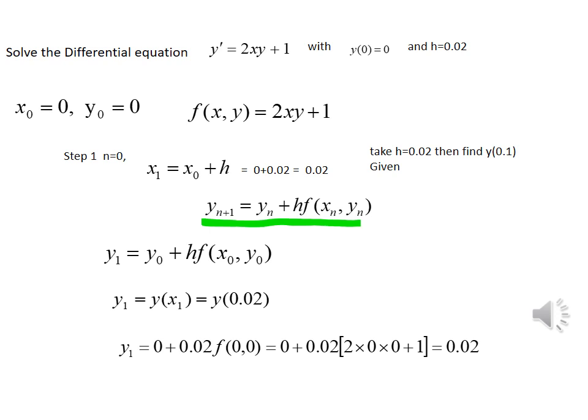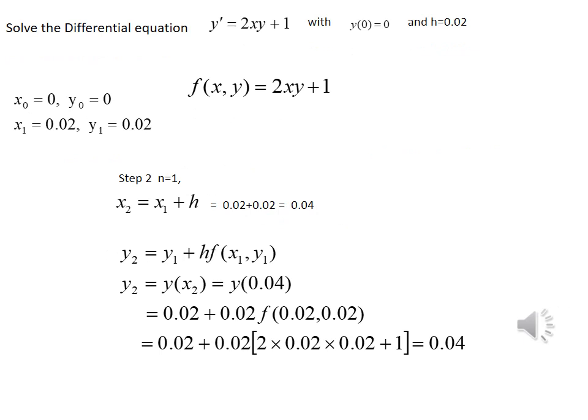So y1, which is y of x1, that is y of 0.02, is equal to 0 plus 0.02 into f of 0, 0. You apply 0, 0 in the function f of x, y. So we get y1 as 0.02.